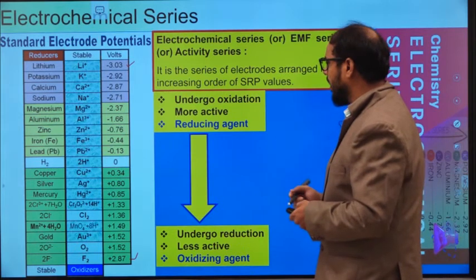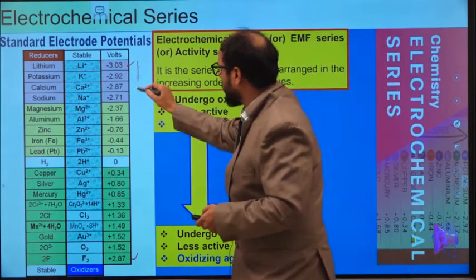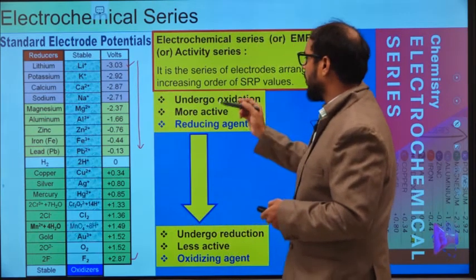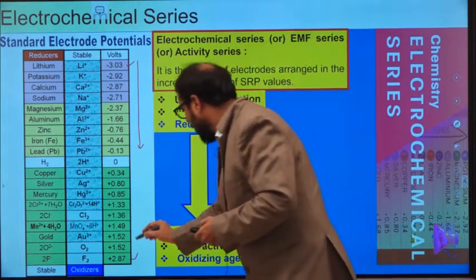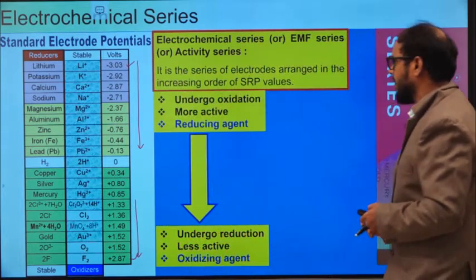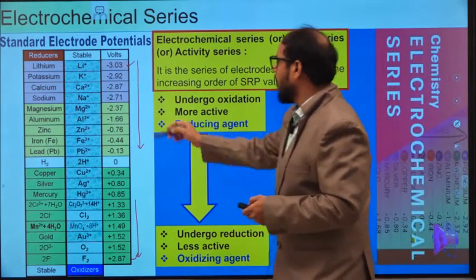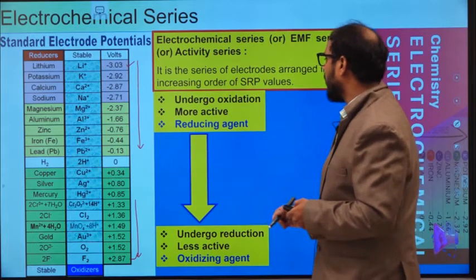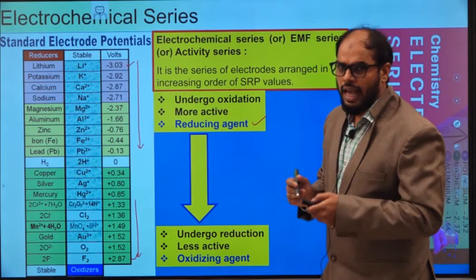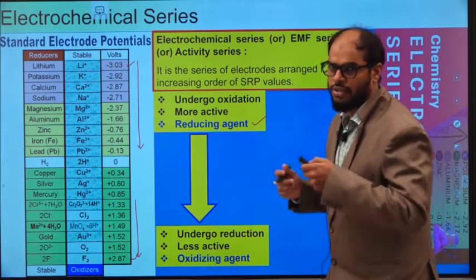So in this series we have all the electropositive elements on the top, and the electronegative elements at the bottom of the electrochemical series. And all these elements which are on the top are good reducing agents. What is meant by reducing agent? They have the tendency to reduce other elements and itself undergoes oxidation.